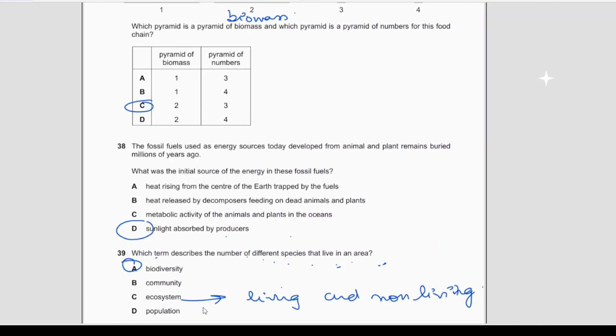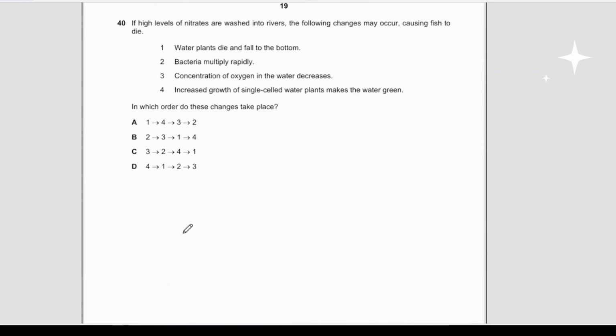Population is the number of individuals living in an area. Community is different populations. So when we talk about different species, there are many species, many populations, interacting with each other. That one is biodiversity.